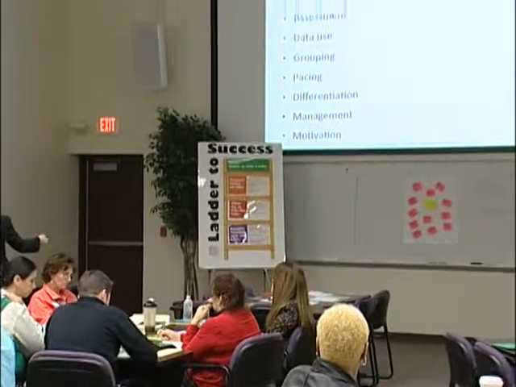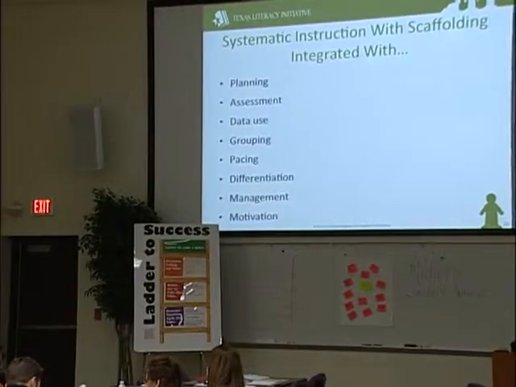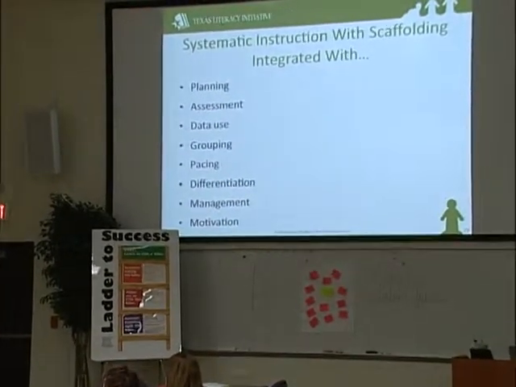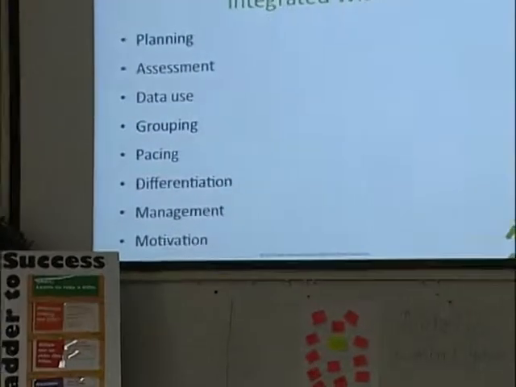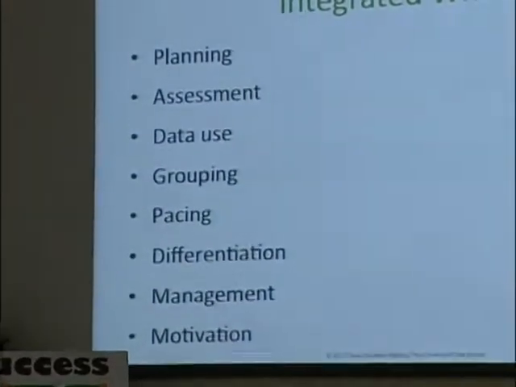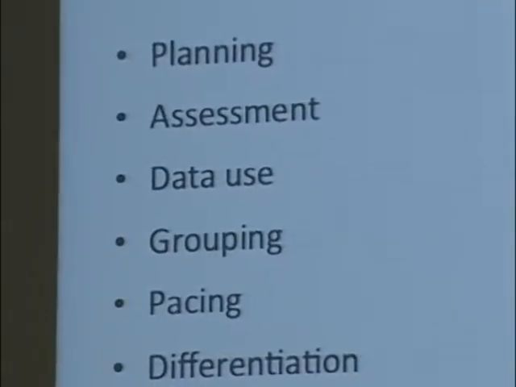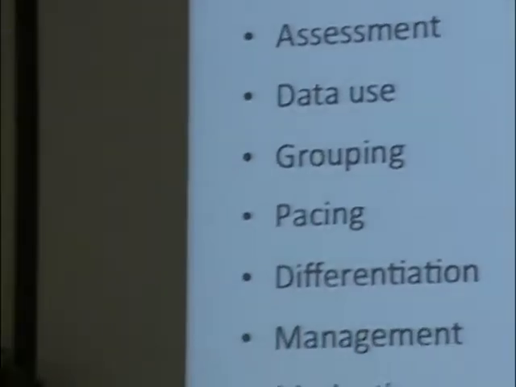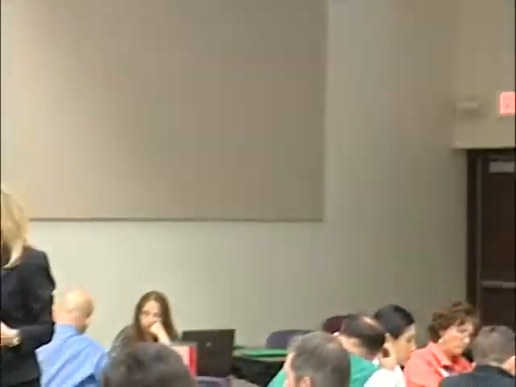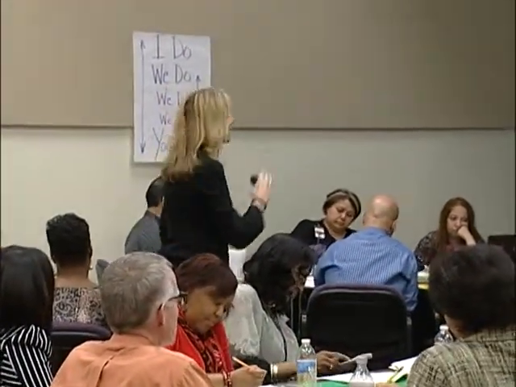Bullet number 2 and bullet number 3, put a circle around those two together. Assessment and data use. We can have formal assessments, or you can have informal assessments, such as anecdotal notes, or how your students are actually responding to your instruction. We have to use all of our assessments. We have to use that data to inform our instruction.